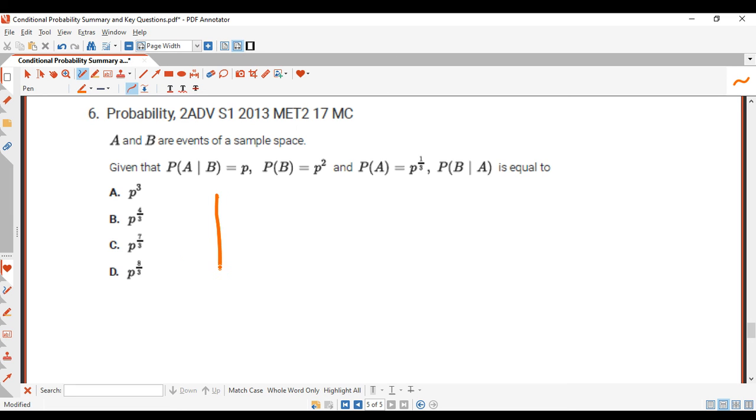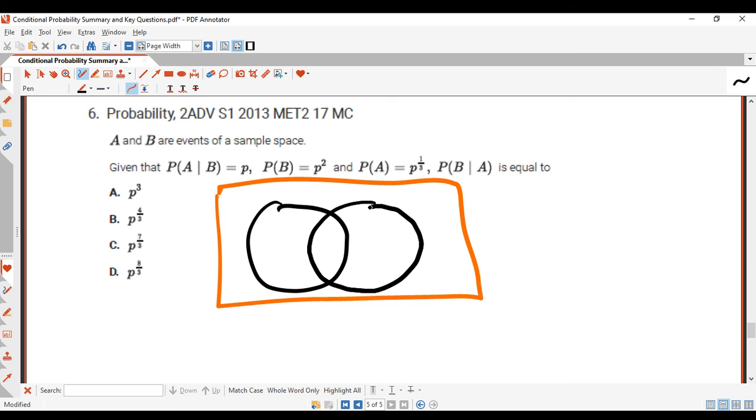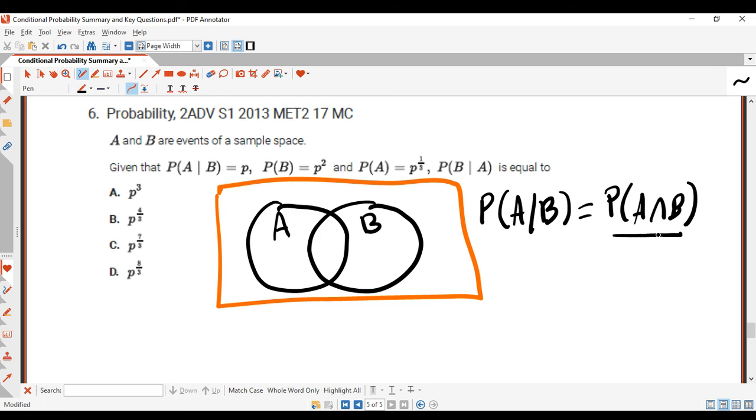I'm going to draw a Venn diagram again. Right, we'll have some overlapping circles. Here we go. There we go. This is A. This is B. And it tells me that I'm working with the probability of A given B. So that means the probability of A intersect B divided by the probability of B. Okay, so that's the formula I'm working with.